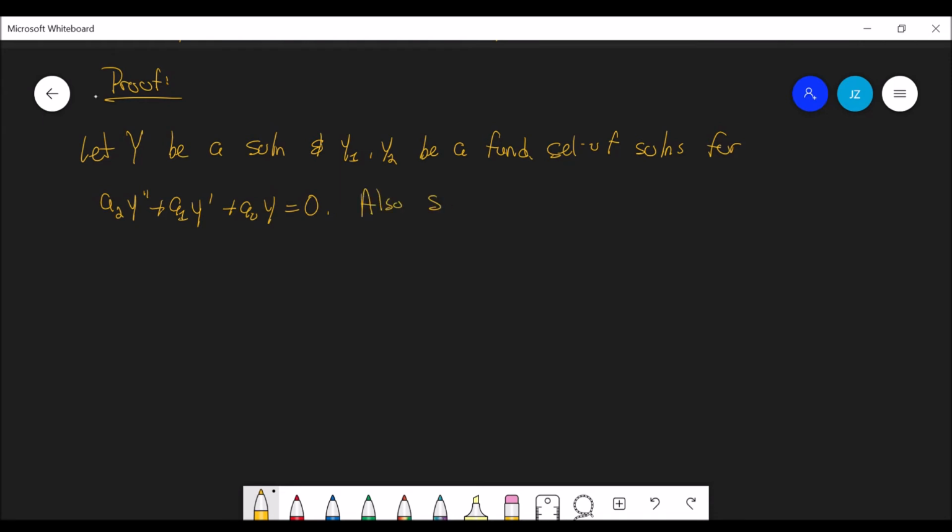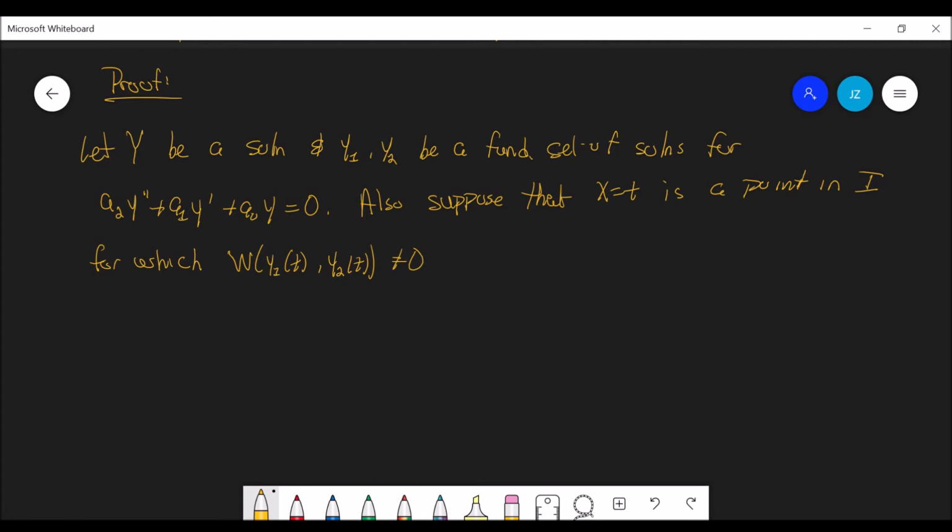We're also going to suppose that x equals t is a point in I for which the Wronskian of y1 of t, y2 of t is not equal to 0.